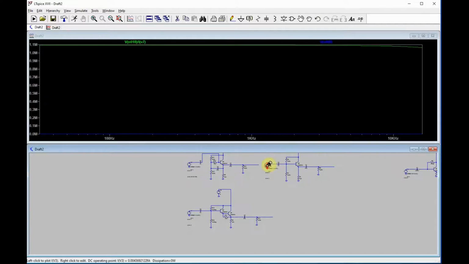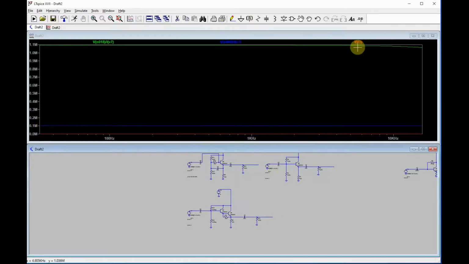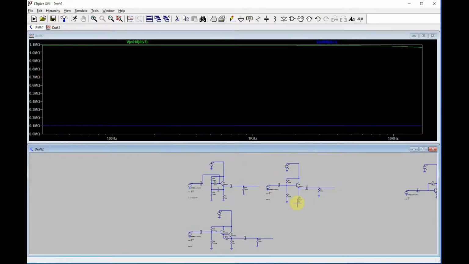Well, I'll just throw this on here for comparison. This is going to be the kind of the lower impedance version. Okay, so this here that I just plotted was this ordinary emitter follower with the input impedance of around 105. This is all the way up here over 1 meg.